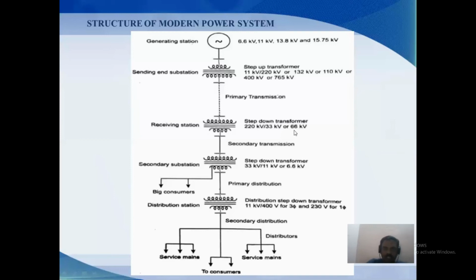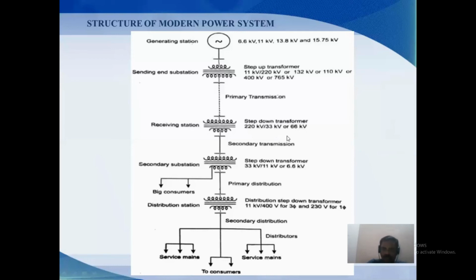After that, this voltage is given to the secondary transmission system. The secondary transmission system is also a three-phase, three-wire system. Here the transmitted voltage levels are 220 kilovolt or 33 kilovolt or 66 kilovolt.